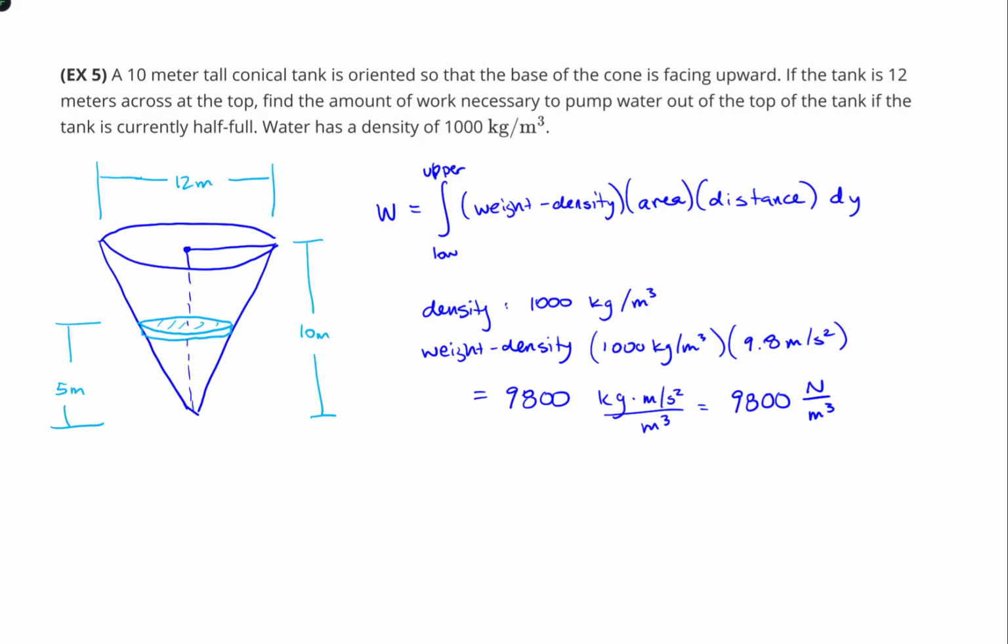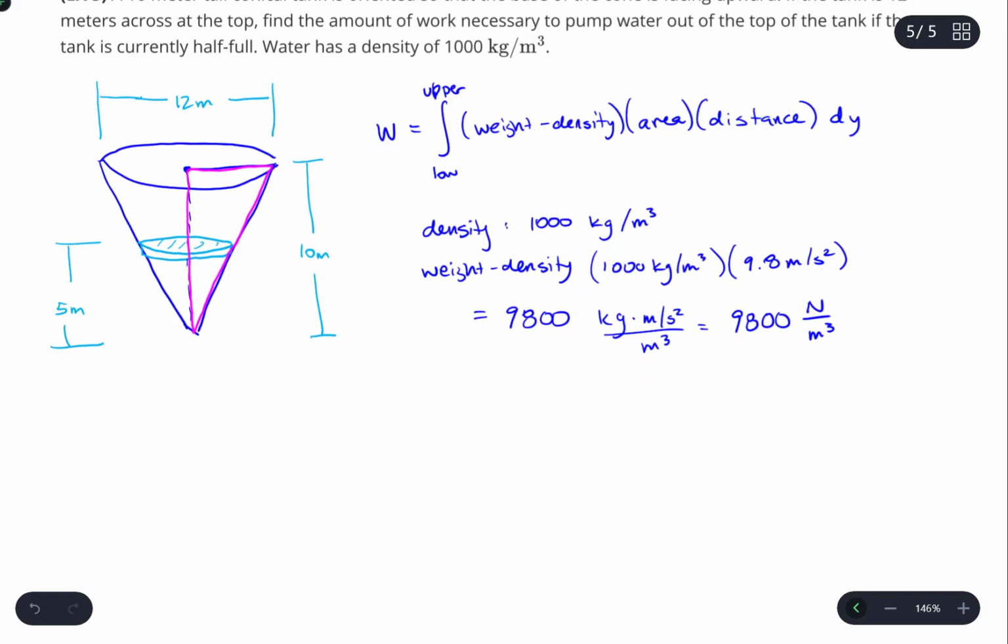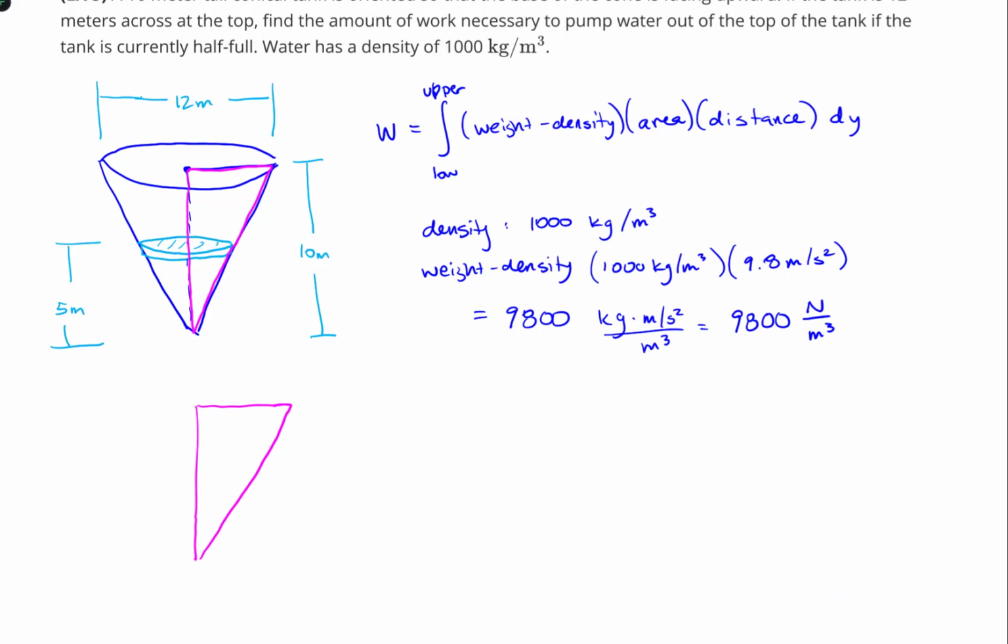So let's try and zoom in on this to understand how to go about this. All right, so I'm going to first cut away to a triangle. I'll cut away to this triangle right down here, and I'm not going to reorient it, although I think it actually helps to do so, but I want you to know that I'm using the same triangle. Now this same triangle has the water level here, and I'm not going to label it as 5 right now.